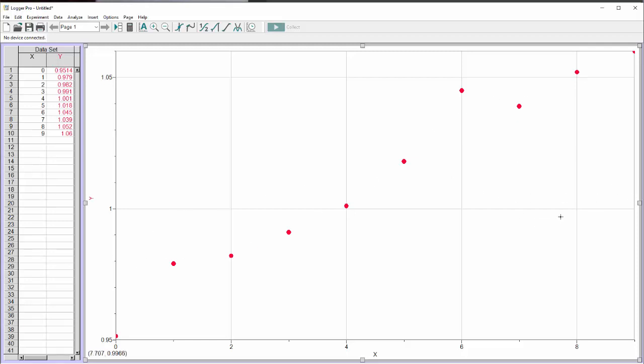Okay? Now the only issue with this is I've got a data point way up here in the corner and way down here in the corner, and you could almost miss it if you're not paying attention. So I'm going to move those data points away from the corner so you can see where it is. I'm going to take my mouse down here and drop down below the x-axis, the horizontal axis.